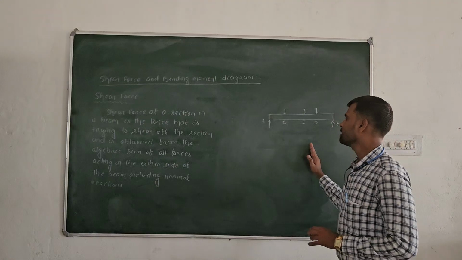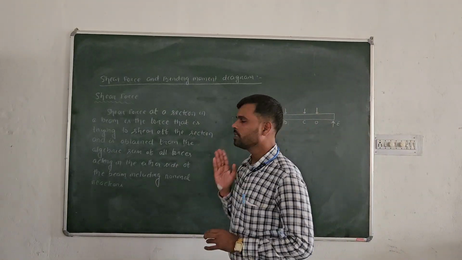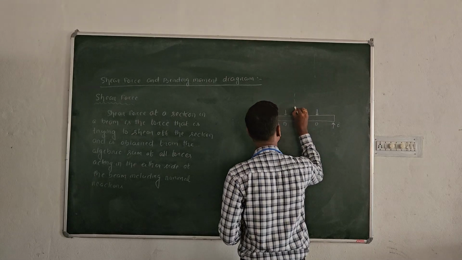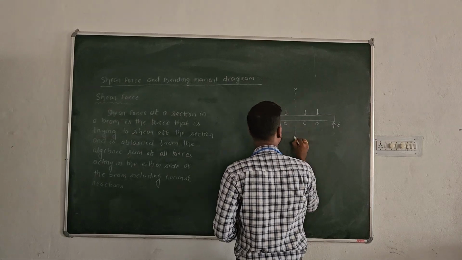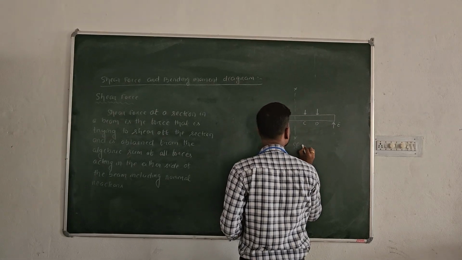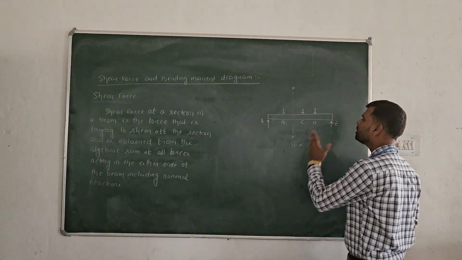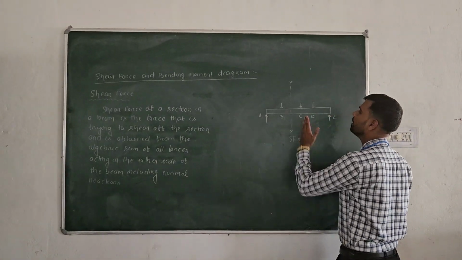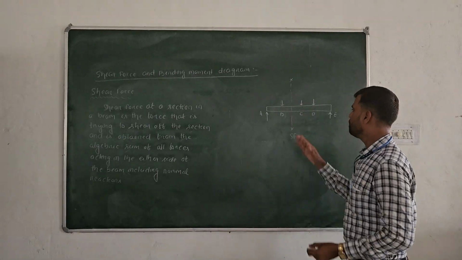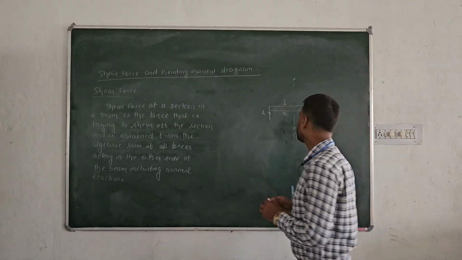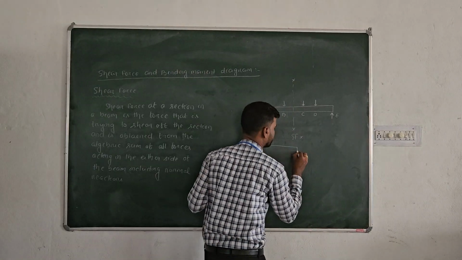So in this case, if I want to calculate the shear force at any section, suppose I am taking any section here, that is XX. If I want to calculate the shear force at section X, then what I have to do? If I am assuming that because of these forces, the member will break at point X, then how will it happen?